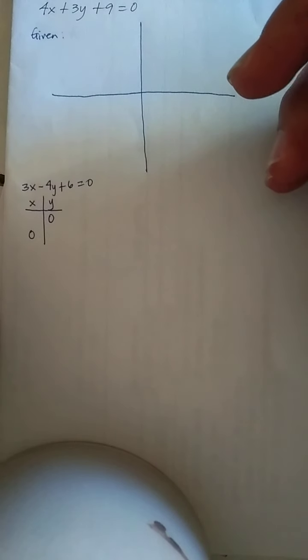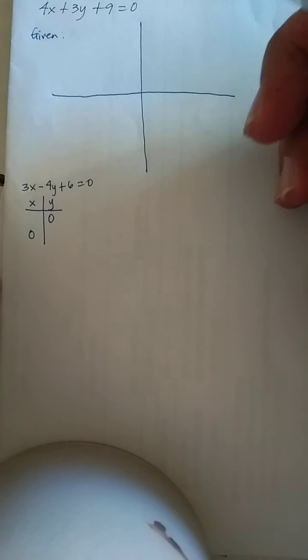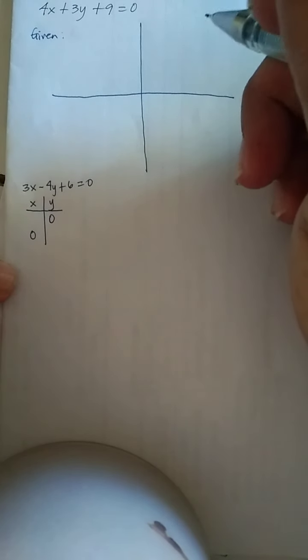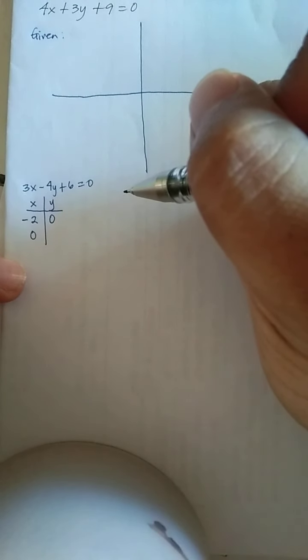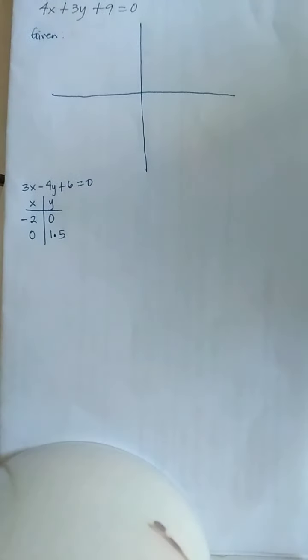When y equals 0, x is negative 2. When x is 0, y is positive 3 over 2, since negative 6 over negative 4 is 3 over 2, or 1.5. Let's write the decimal.